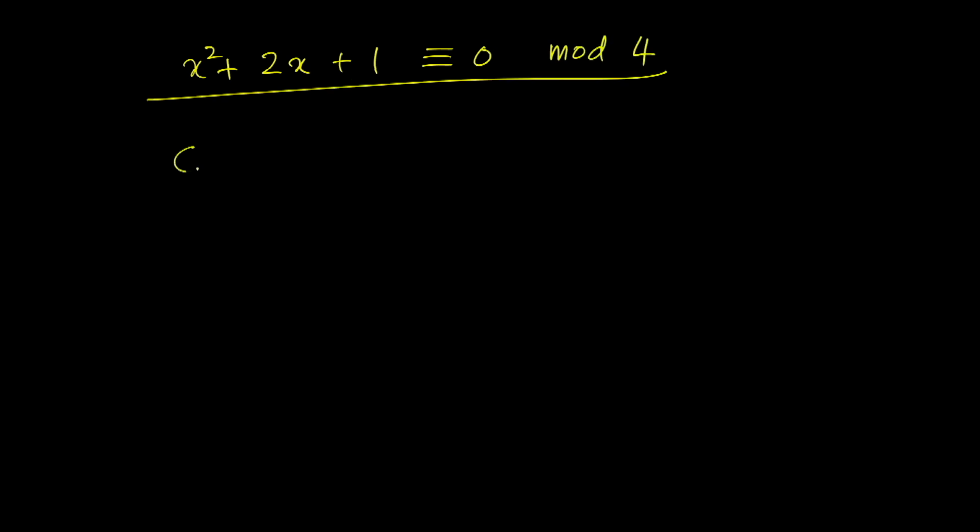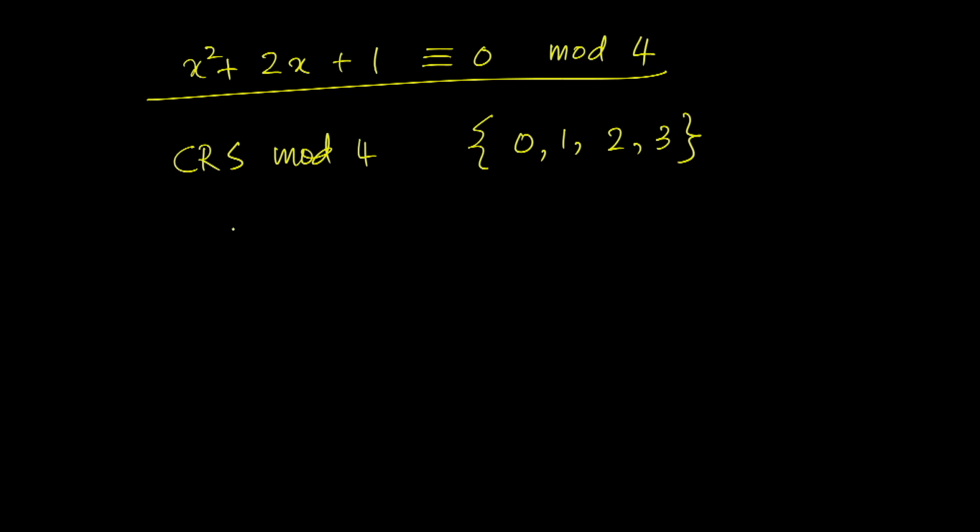Let us now consider some quadratic congruences. x squared plus 2x plus 1 is congruent to 0 mod 4. The complete residue system mod 4 has 4 members. This is one complete residue system. So, we can try its members.